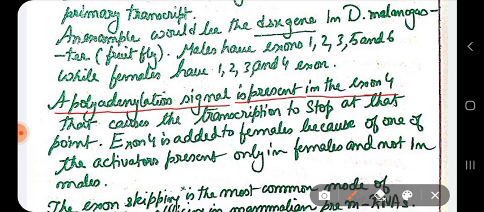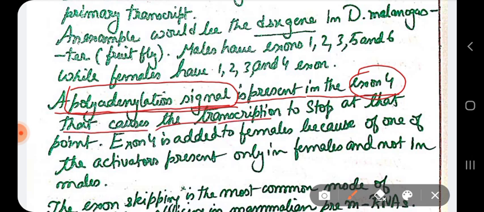So within the males of Drosophila melanogaster, the DSX gene has exons, right? Exon number 4 of that DSX gene in males has a polyadenylation signal within it, and that causes the transcription process to stop at that point.